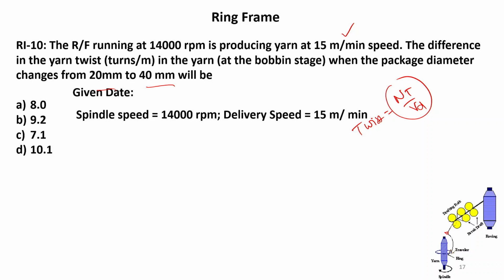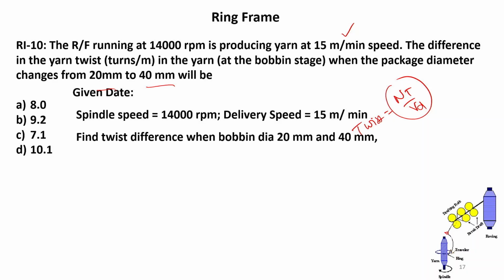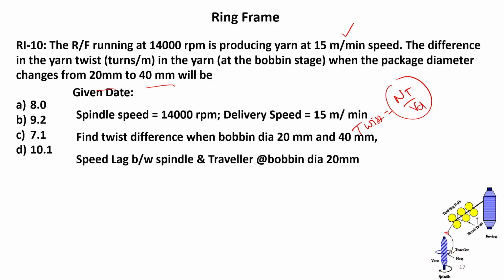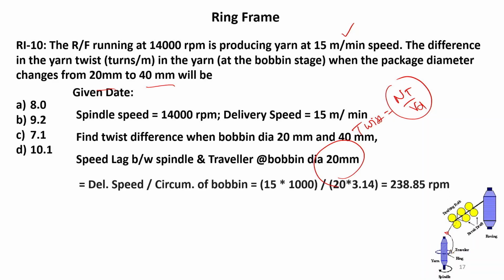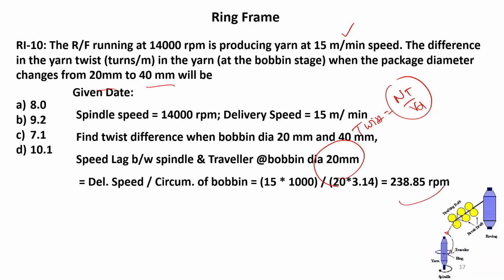Spindle speed is given and delivery speed is given here. So, 14,000 and 15 meter per minute, and find the twist difference when bobbin diameter is from 20 to 40 at the bobbin stage. So, the speed lag between spindle and traveler at 20 millimeter diameter will be 238.85 rpm, that we have already seen here.